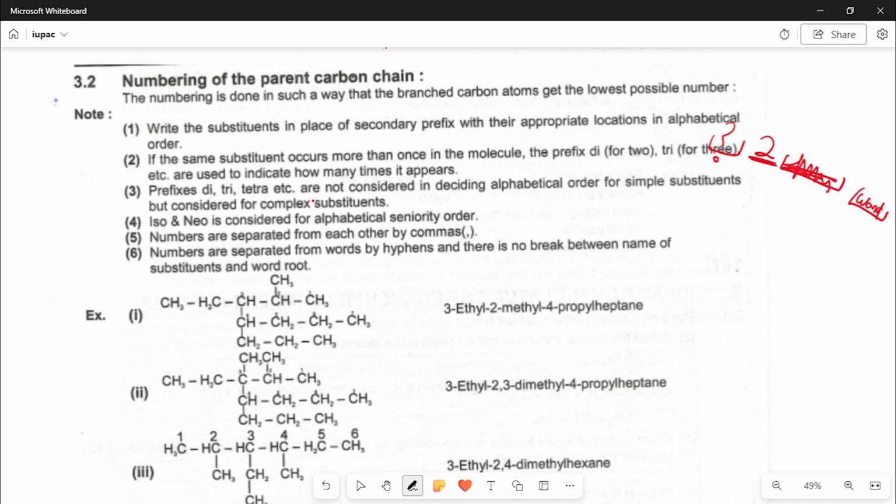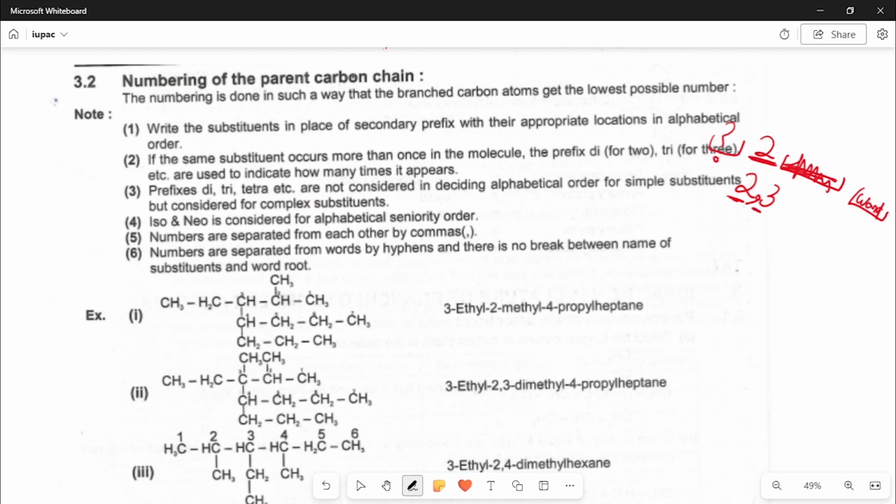If the same substituent occurs more than once in the molecule, the prefixes di for 2, tri for 3, etc. are used to indicate how many times it has appeared. So basically there can be more than one substituent, you know that. If similar substituents are present more than once, then we're going to write it like this.